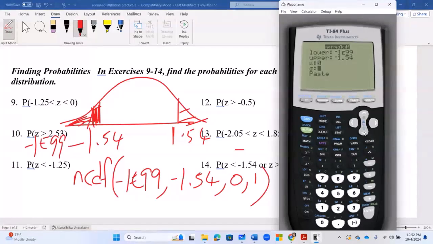The mean is 0, standard deviation is 1. And I'm going to paste. My calculator is asking, is this the argument you want? Yes, that's the argument I want. If I hit enter, it gives me area to the left. I'll take 4 decimal points. So the area to the left is 0.0618 approximately.